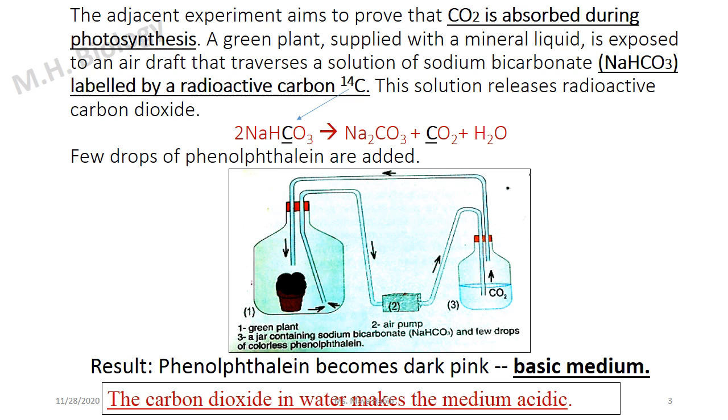The phenolphthalein in the jar turns dark pink, indicating a basic pH in the medium. Please note that, when carbon dioxide is present, this gas will make the medium acidic. In the absence of carbon dioxide, the medium will be basic.